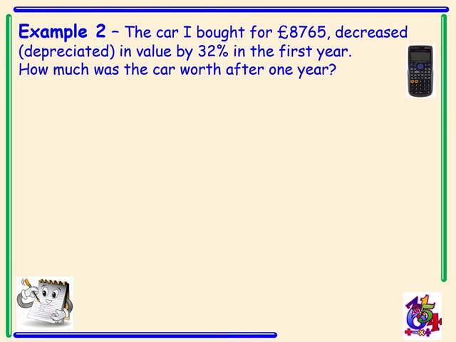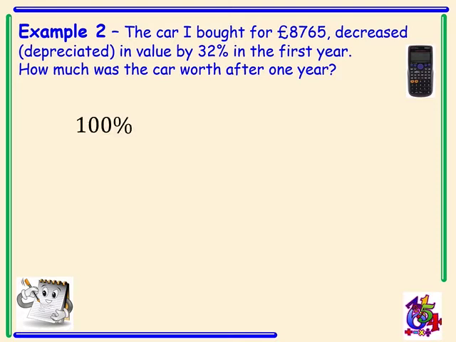Example 2. The car I bought for £8,765 decreased in value by 32% in the first year. How much was the car worth after 1 year? So here I need to find out what the new percentage is after 1 year. My starting percentage is 100.